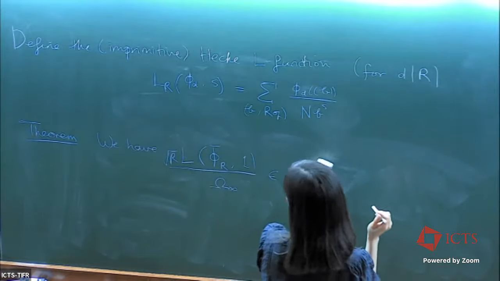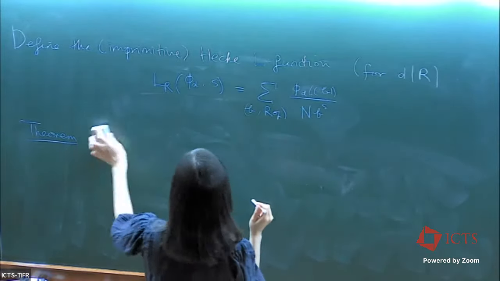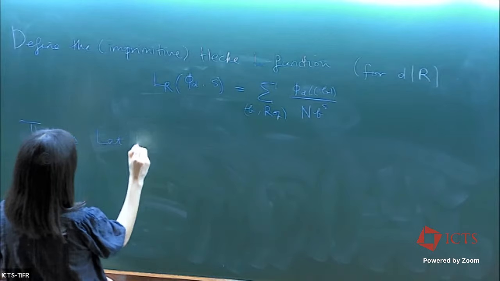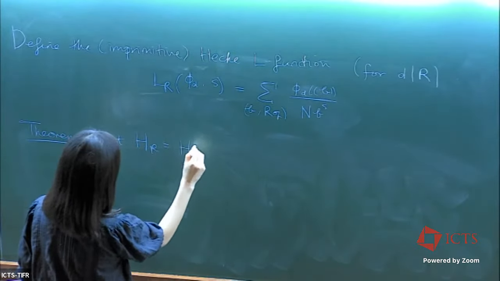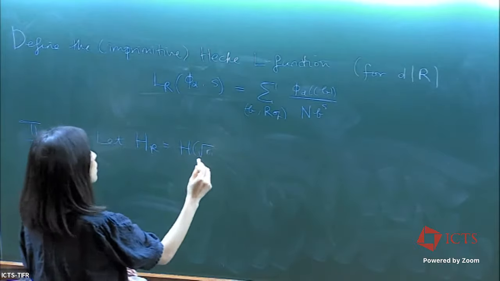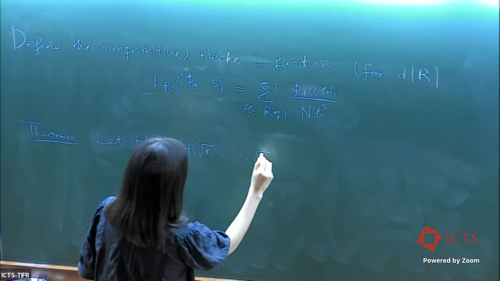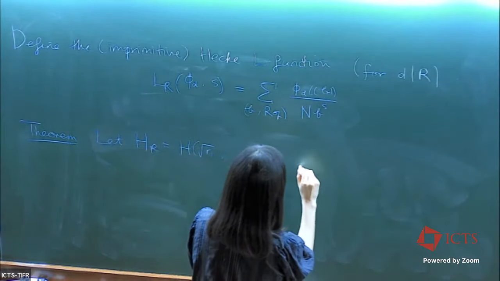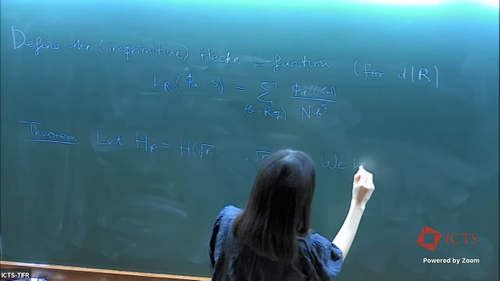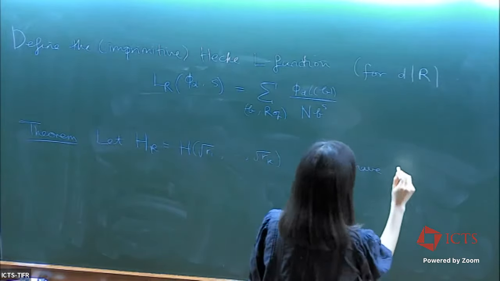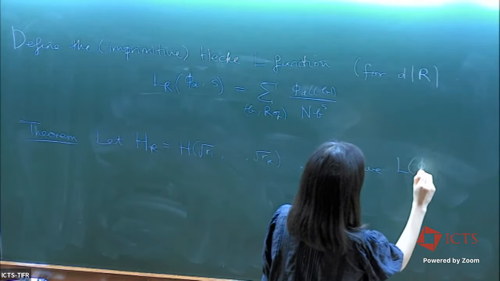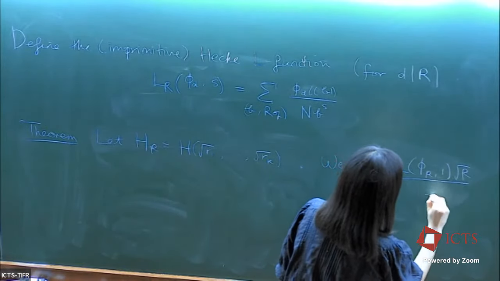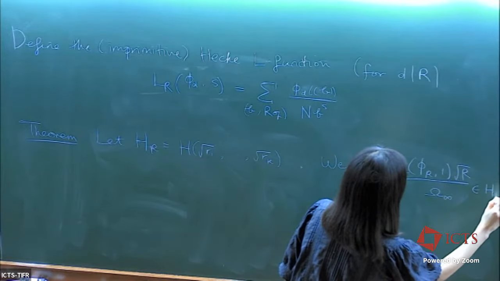Just to make it easier, let's define H_R to be the field you get by adjoining to H the square roots of these distinct primes.